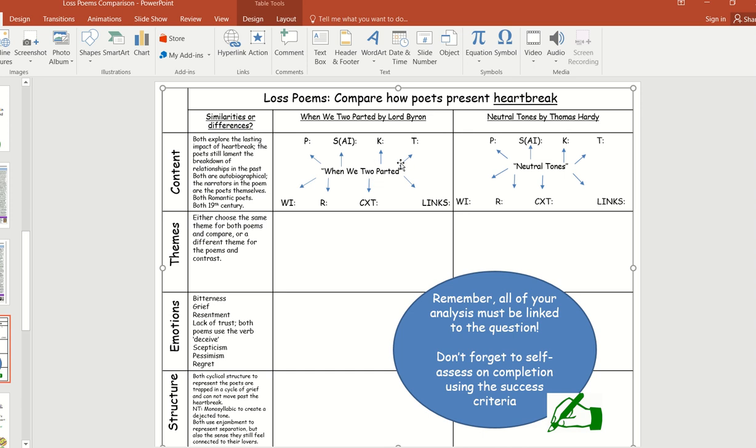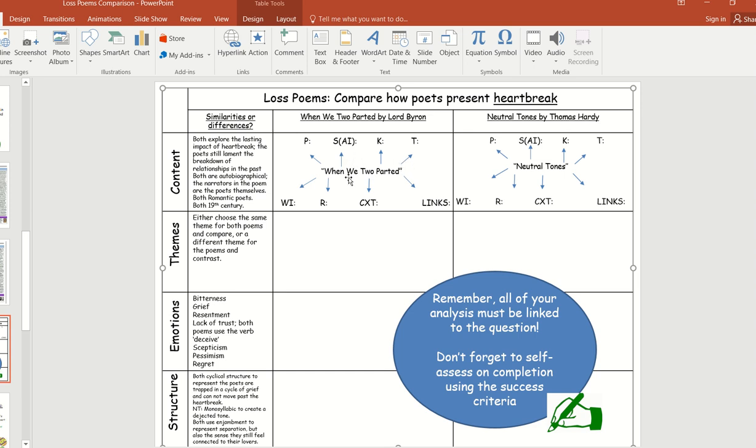It is not an idealised, romantic, positive love poem, because we've got the verb 'parted', and that's in the semantic field of separation, and that runs all the way through the poem. Okay? So, semantic field of separation, make sure you get that down and look out for other words throughout the rest of the poem. We've also got 'we' and 'two' and 'parted'.